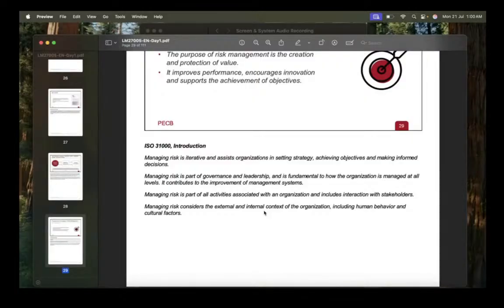Managing risk is part of governance and leadership, and is fundamental to how the organization is managed at all levels. It is also a part of activities associated with an organization, and it includes interaction with the stakeholders.